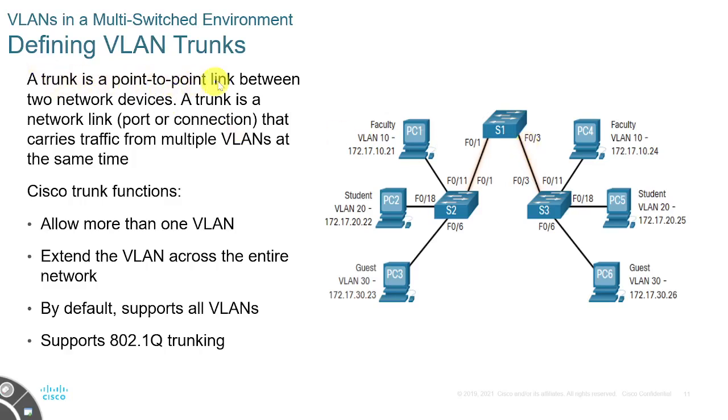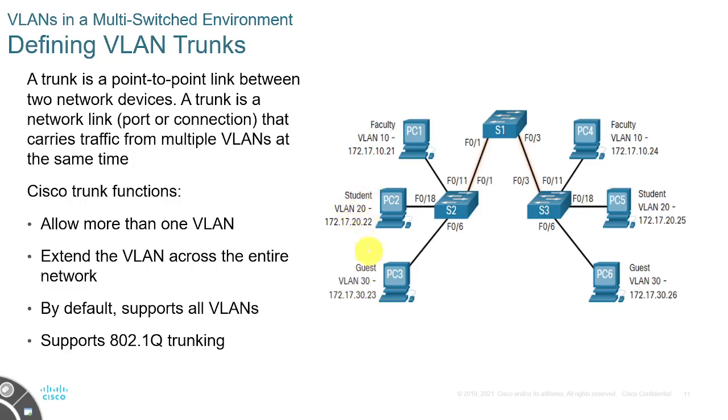A trunk is a network link, port or connection that carries traffic from multiple VLANs at the same time. The most important thing is that the trunk carries traffic from multiple VLANs.